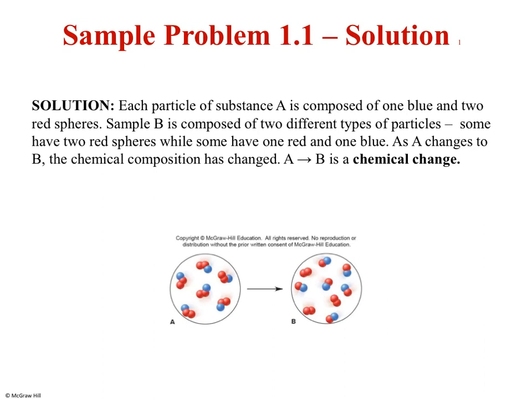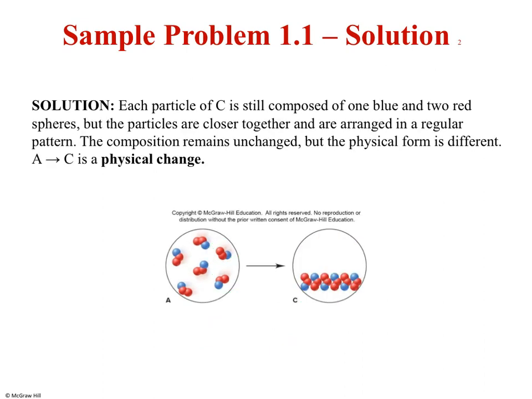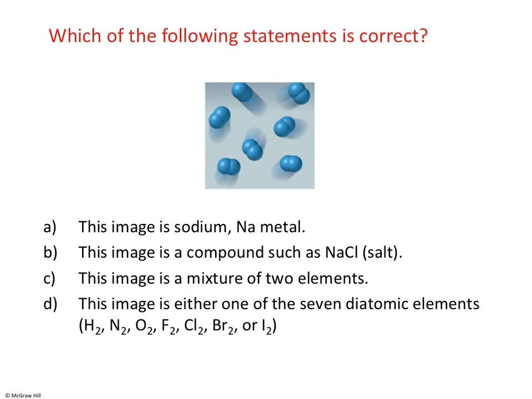So A to B, like we said, was a chemical change because the ratios have changed. And A to C would be a physical change because the ratios are still the same, so the compounds are still the same. They just got closer together.